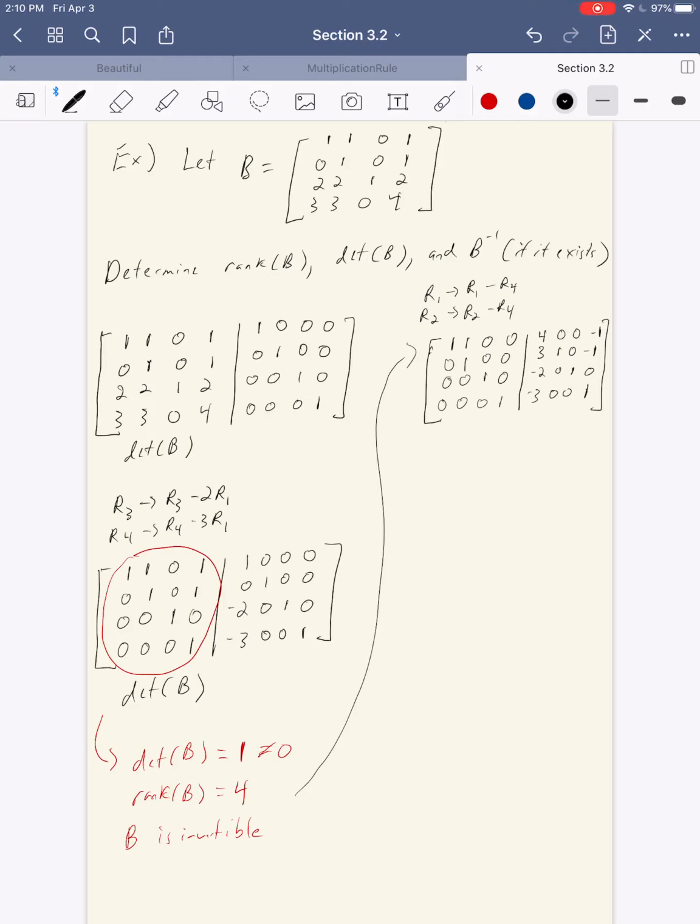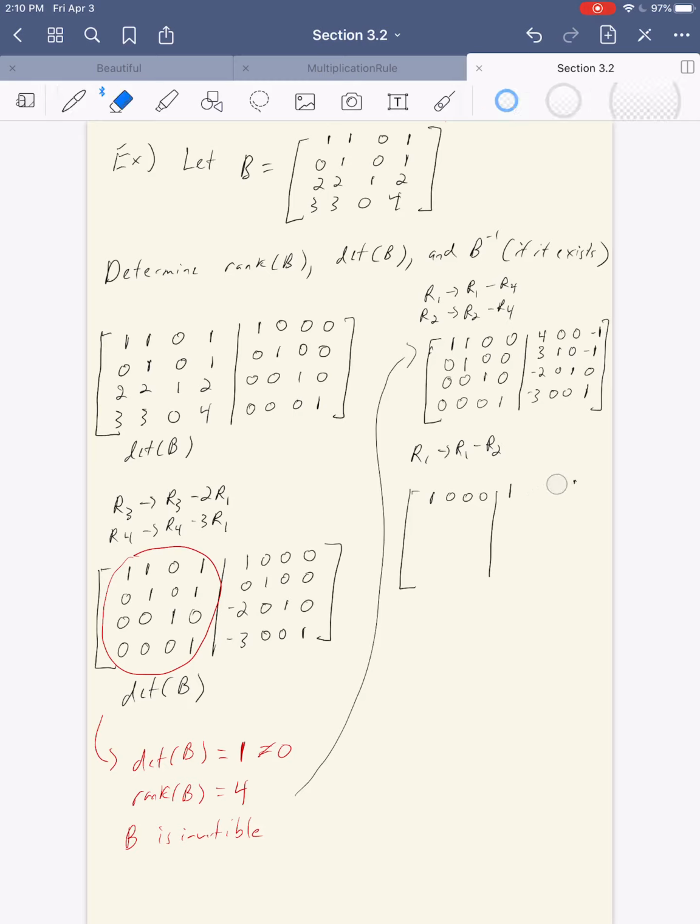The last thing that's out of place here is this guy right here, but we can use this guy to eliminate it. Notice we don't need to use this guy because these were already zeros. So we just take row 1 and replace it with row 1 minus row 2. Oh, my mistake, sorry about that.